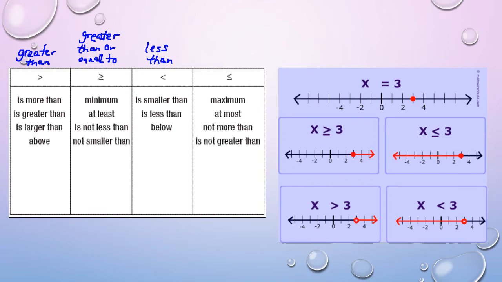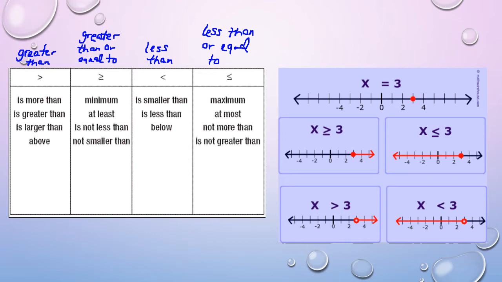But remember, if it's maximum or at most, that's going to be less than or equal to. So remember, if the maximum grade that you can get on your quiz is 100%, that means you can get 100 or lower. So that would be less than or equal to.